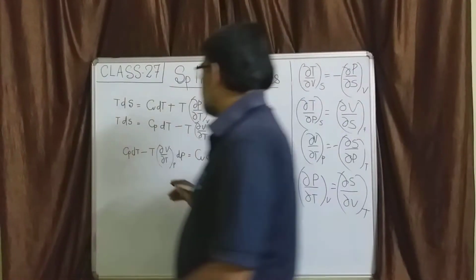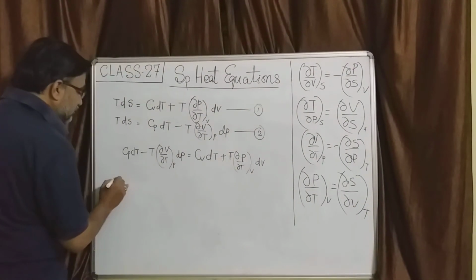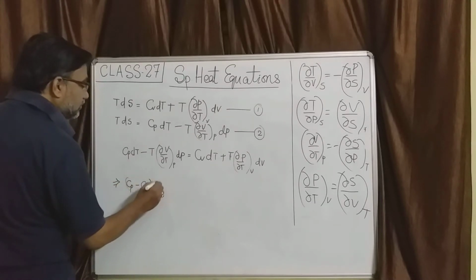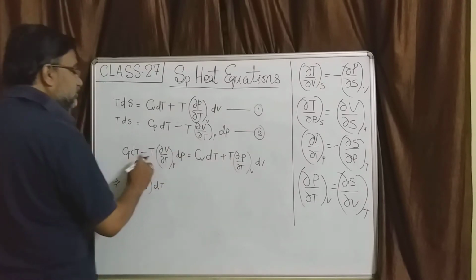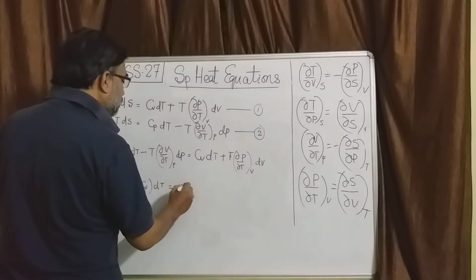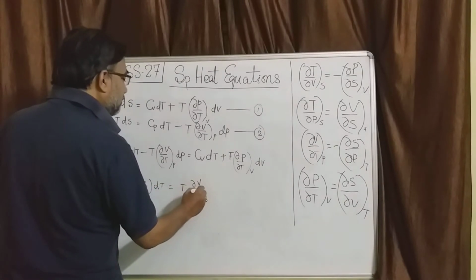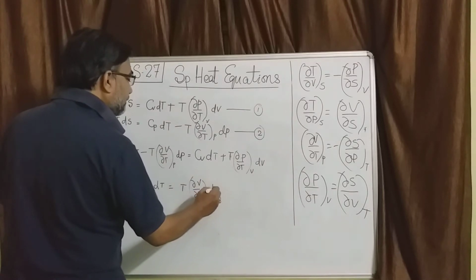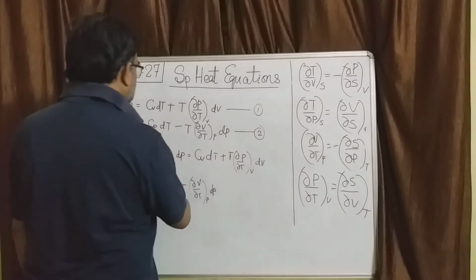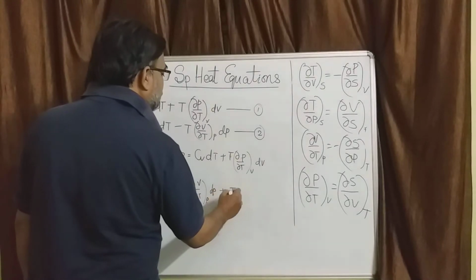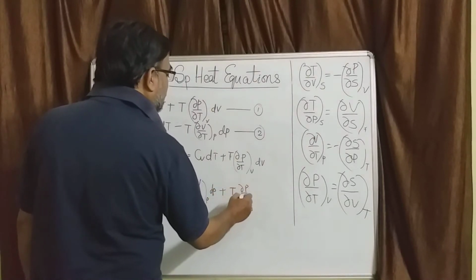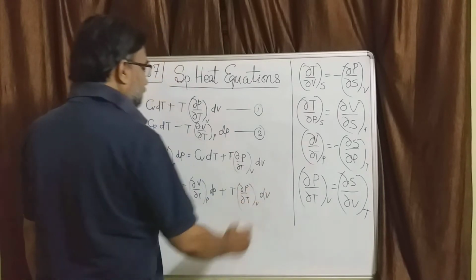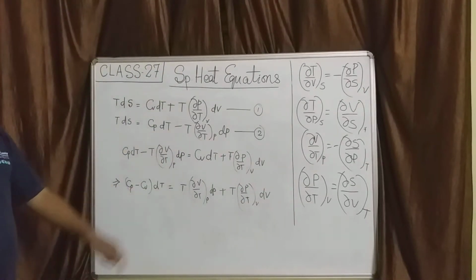So I can write it as (Cp minus Cv) dT, Cv comes this side, is equal to T (∂V/∂T)_P dP, this will go to that side, plus T (∂P/∂T)_V dV. So this is an equation we can write.